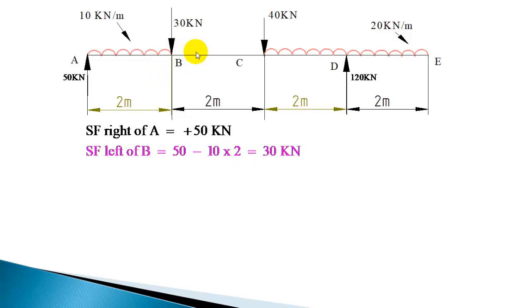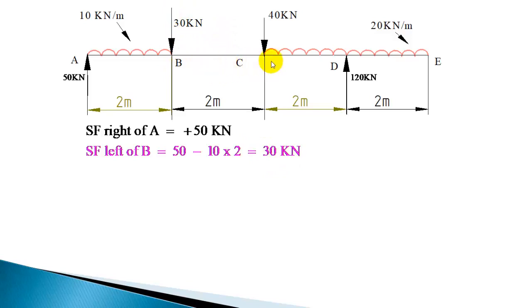When you move to the next section, BC, you have to take a section anywhere in between B and C. So when you take a section here, the load change is only 30 kilonewton. We are moving from left of B to the section BC. So here you have 30 minus 30, which will give 0 here.